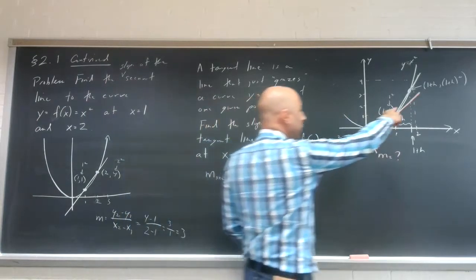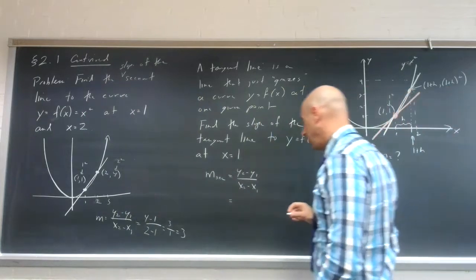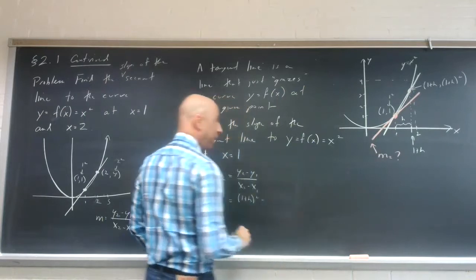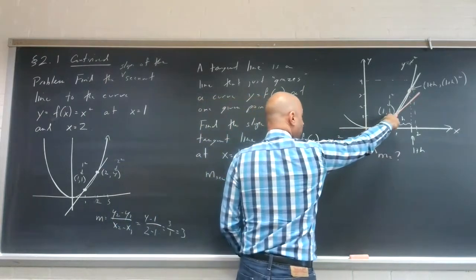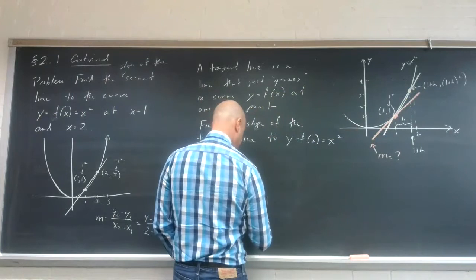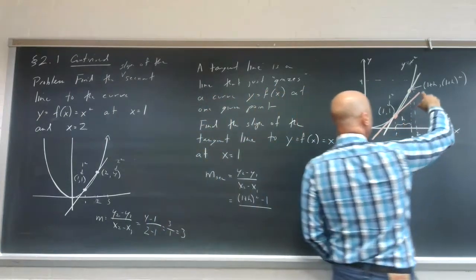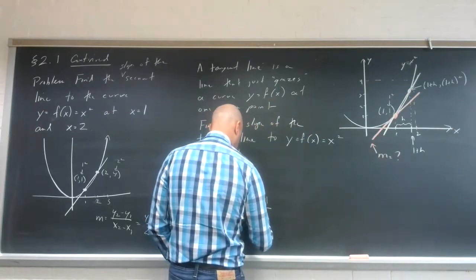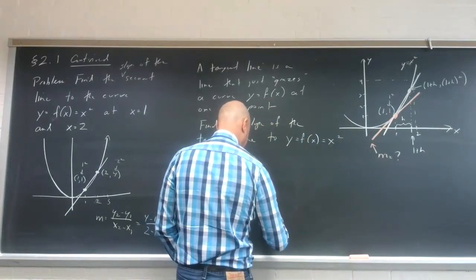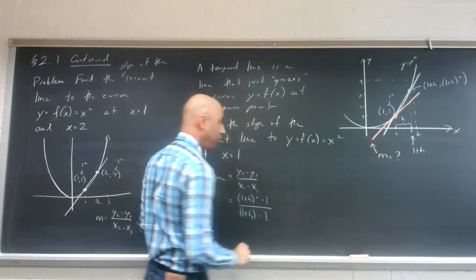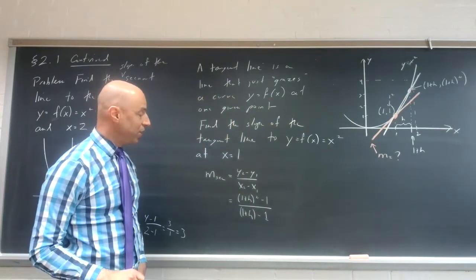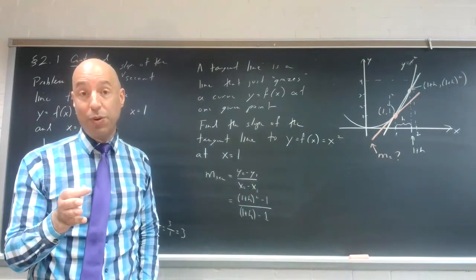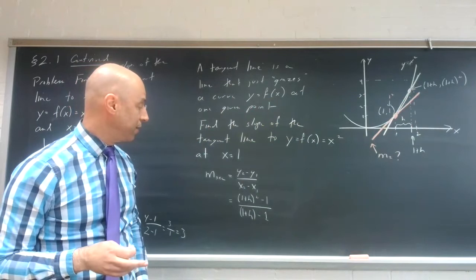So y2 is 1 plus h all squared, minus y1 which is 1, all over x2, 1 plus h, minus x1, which is just 1. y2 minus y1 over x2 minus x1 is always the way you compute slope when you're given 2 points.